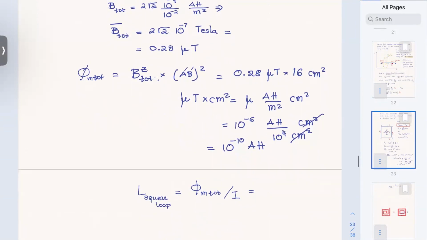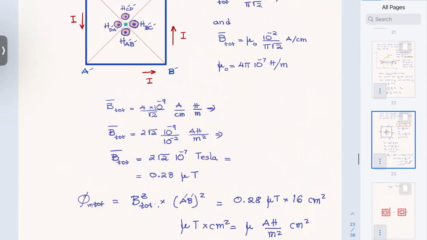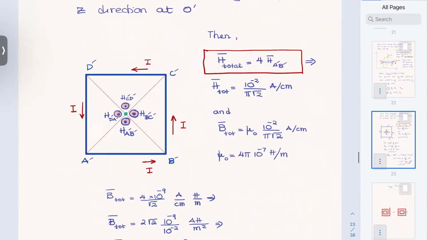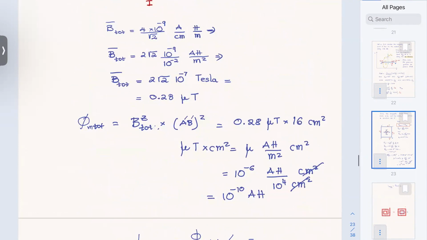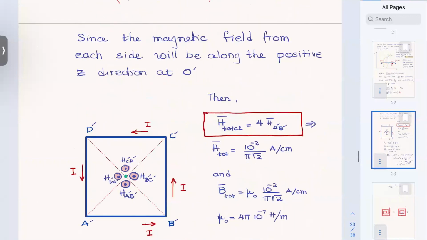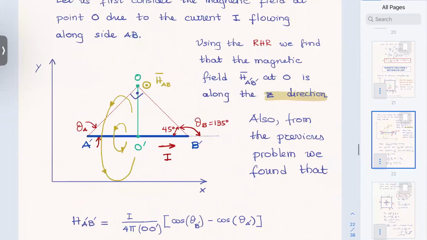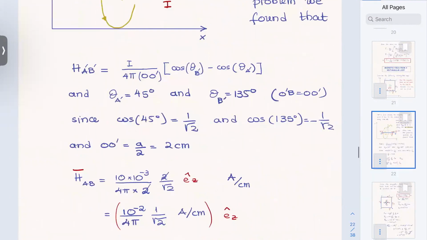And the inductance here will be, of course, in henries if you use the appropriate units. And here the unit for the flux is ampere-henries. So if we divide, how much did we say the current was? It was 10 milliamps.